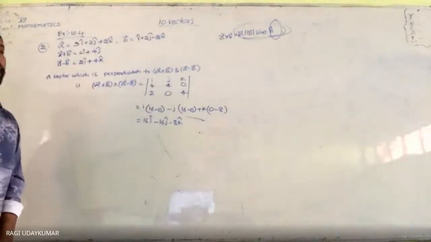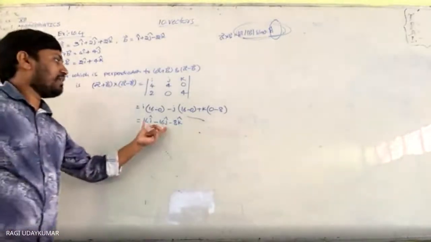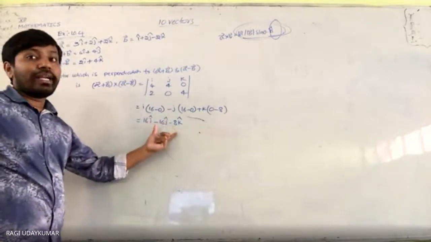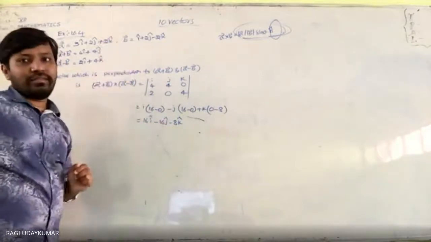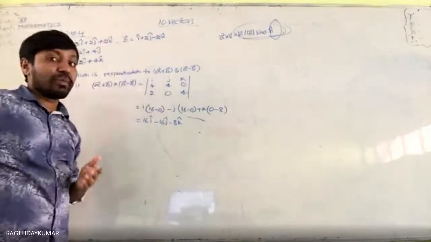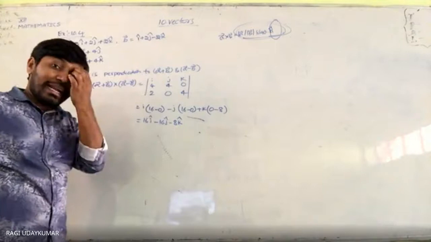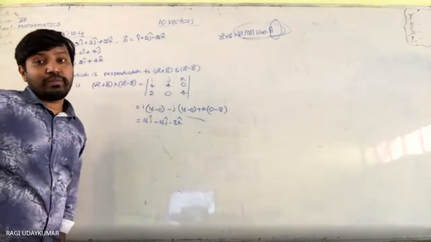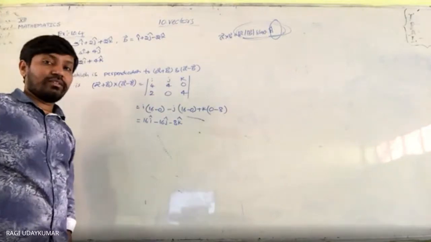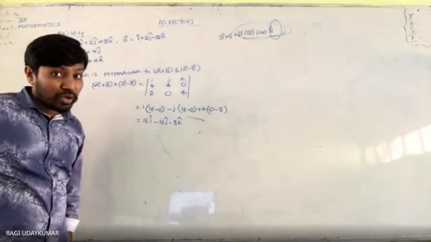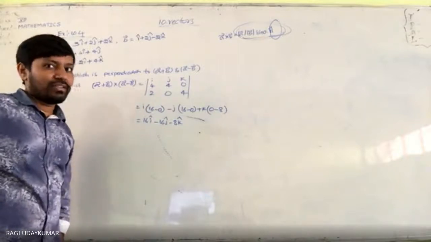You check: whatever vector you are considering, is it perpendicular to both vectors? How can we prove perpendicularity? Using the dot product. If the dot product is equal to 0, the two vectors are perpendicular.